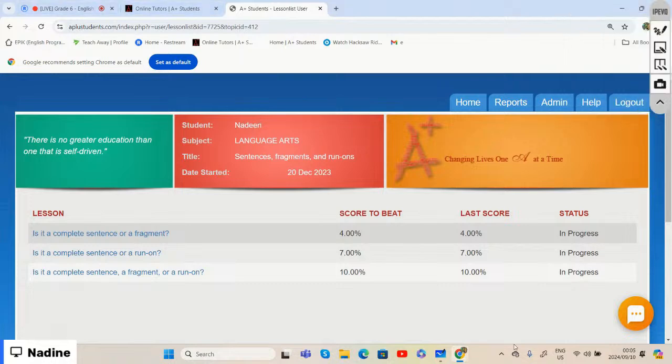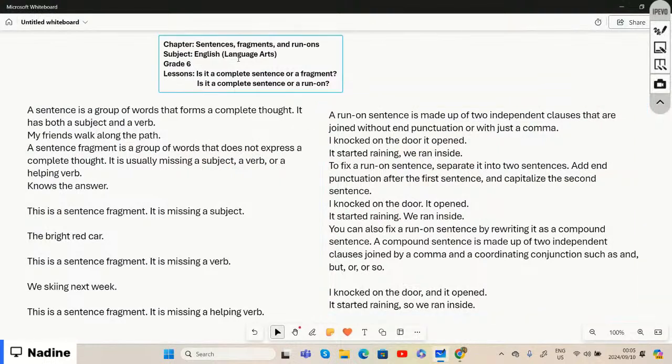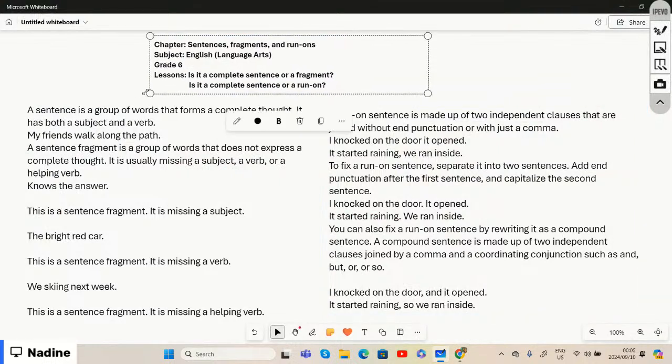So now, our chapter is sentences, fragments, and run-ons. We are doing the subject of English language arts, grade 6.